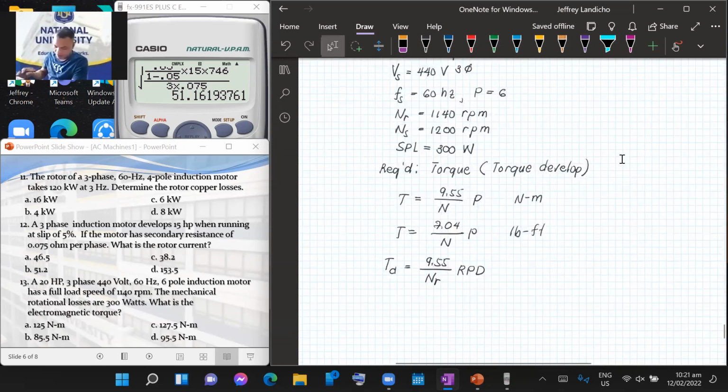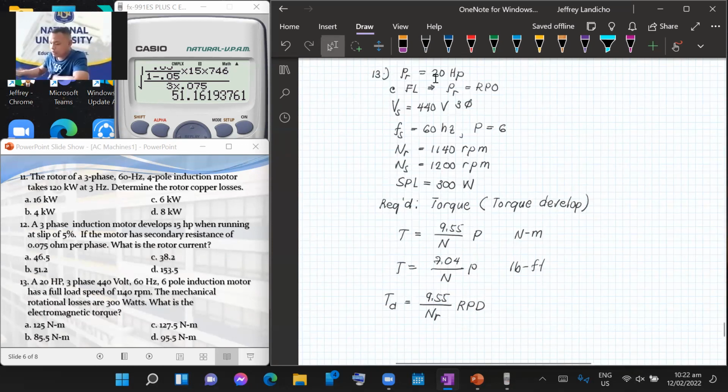So, in that case, wala tayong problema. Since the operation of our motor is at full load, so at full load, the rated power is RPO. Since hinahanap ng problem is the torque developed, so alam natin, using power stages kanina, RPD, it is also RPO plus sino? SPM. Kasi wala tayong RCM, so hindi natin magagamit yung RCM. So since given RPO at saka SPM, RPD is RPO plus SPM.